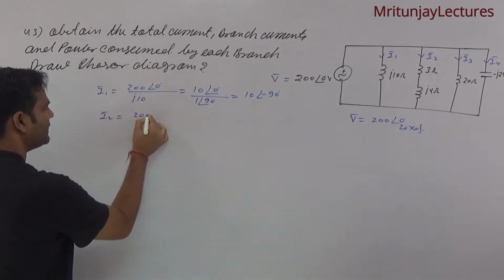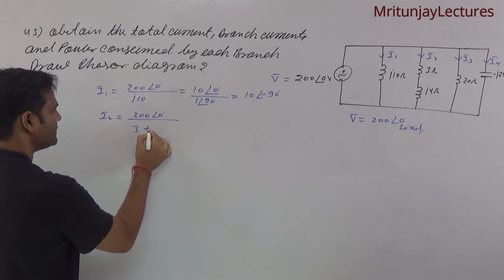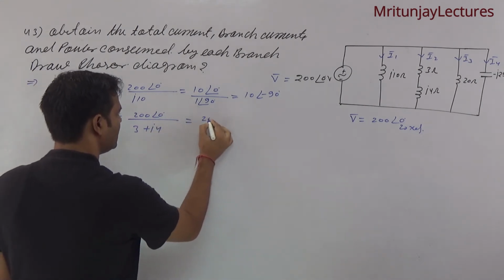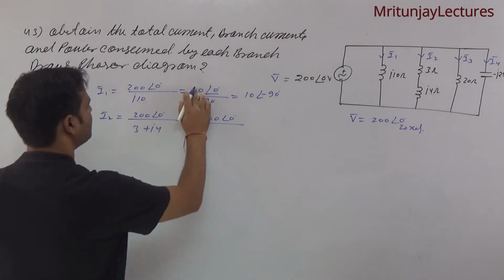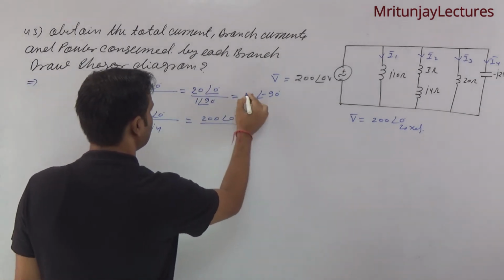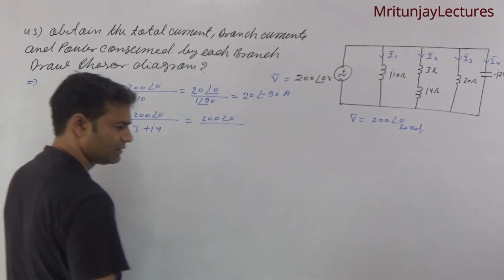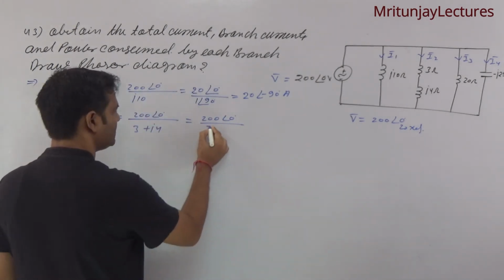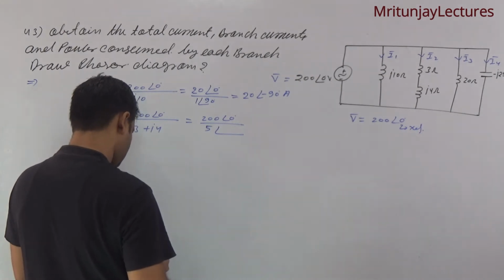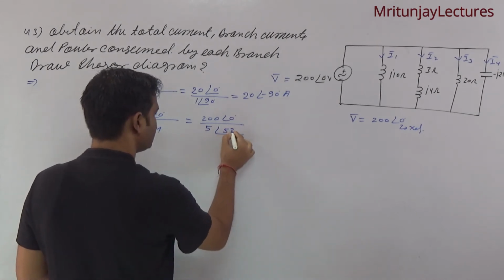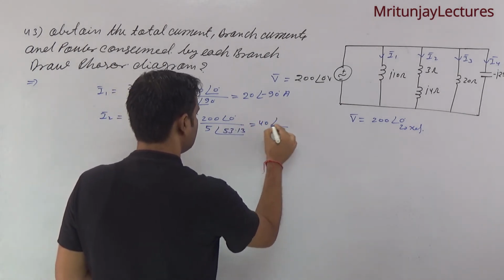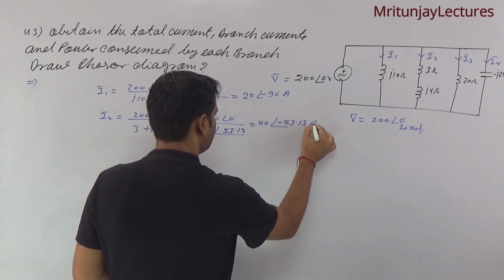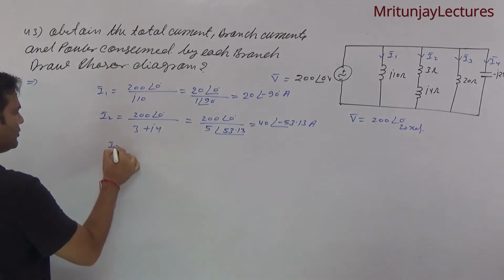I2 is 200 at the angle 0 divided by 3 plus J4. 3 plus 4 J is written as 5 at the angle 53.13, so 40 at the angle minus 53.13 ampere. Okay, this is I2.